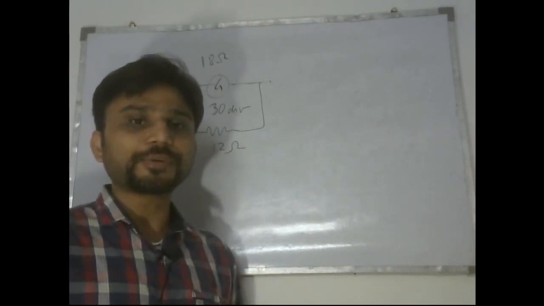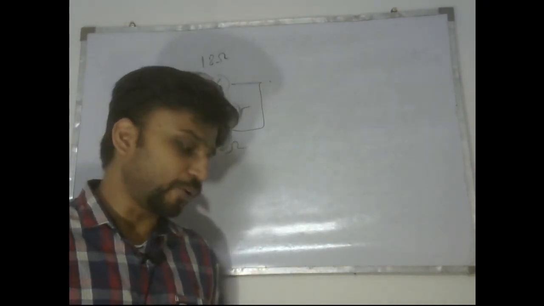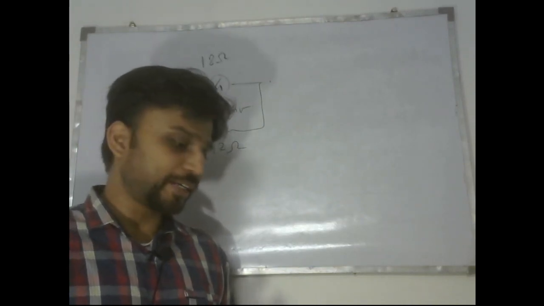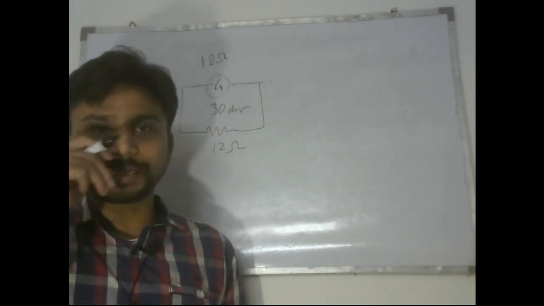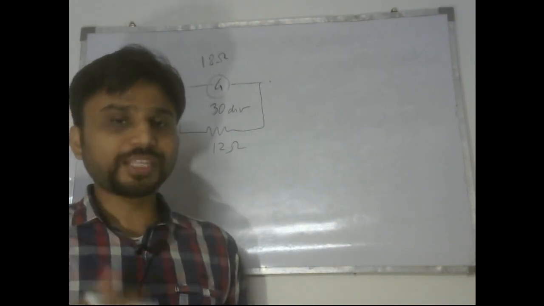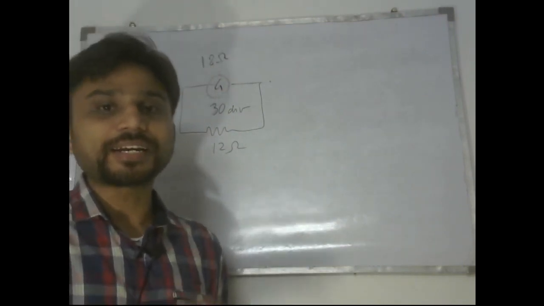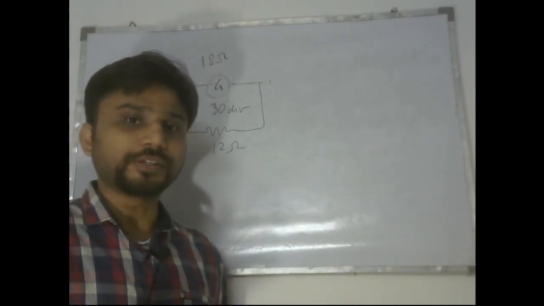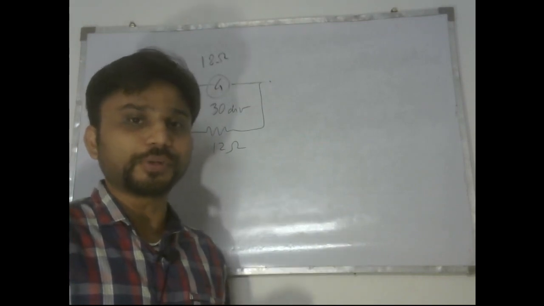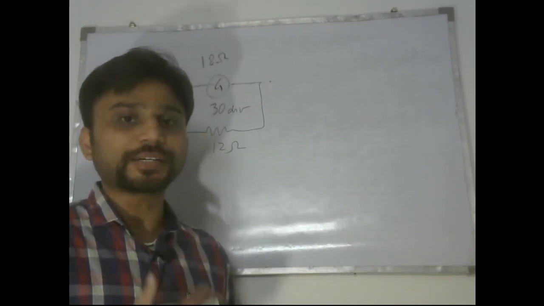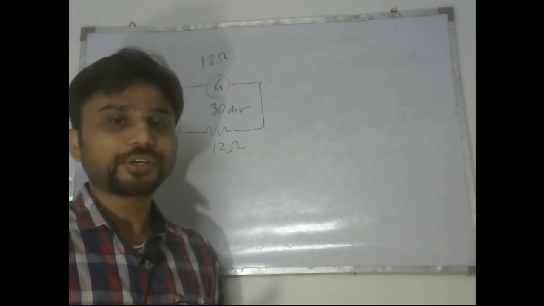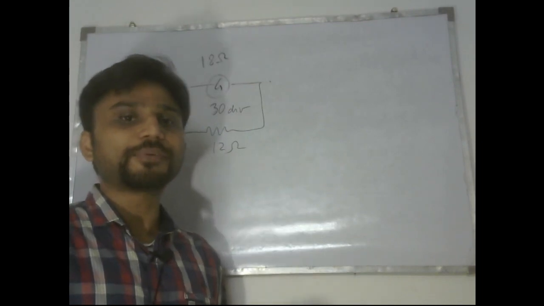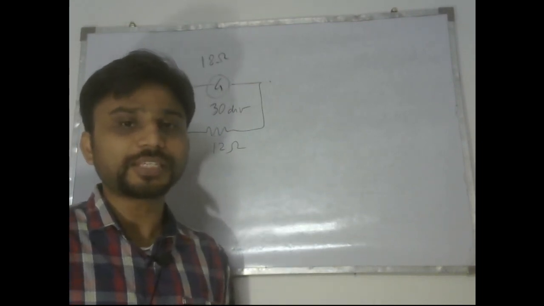Now what we can add is that options are given in this question, and the options are 0, 10 division, 12 division and 18 division. So there is no option like 30 division, right? If it were that kind of galvanometer, where full scale deflection happens at a particular voltage, and the galvanometer is responding to the voltage applied to it, then there would have been an option that the deflection would be 30 divisions only, because the question would have been easier in that case.